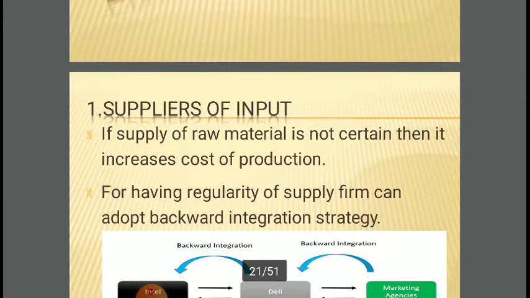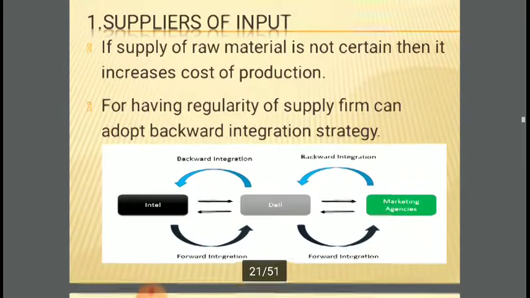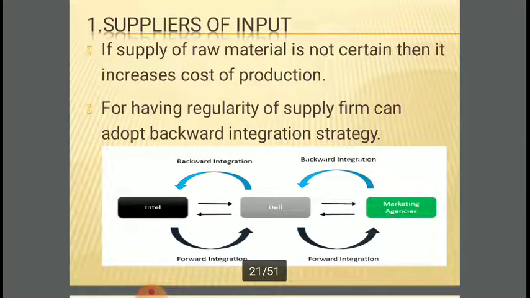Let us see the first factor of external micro environment, that is suppliers of input. Suppliers are those who provide us raw material, components and anything that we are using in the process of conversion of input into output. It is the supplier who is helping us in winning the confidence of our customer.